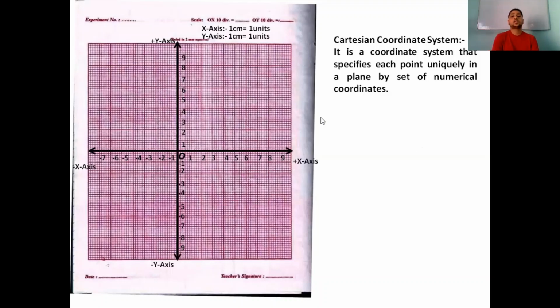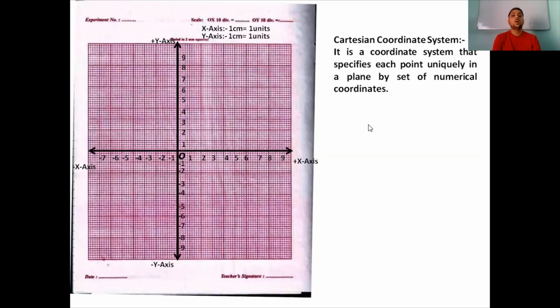If I have to express a number more than 9, then I have to change my scale factor. For example, if I have to express double of this number, that is 18, then I'll select 1 centimeter is equal to 2 units. Then again the divisions will change. Also we can take 1 centimeter is equal to 5 units. Then again we can express larger numbers.